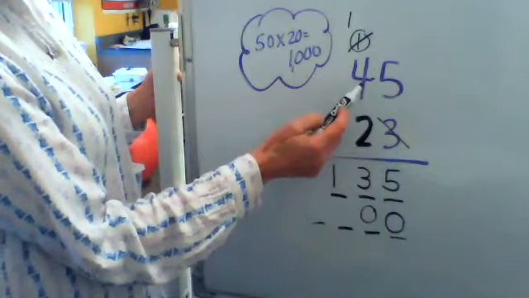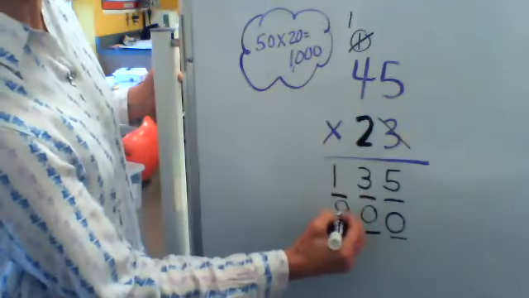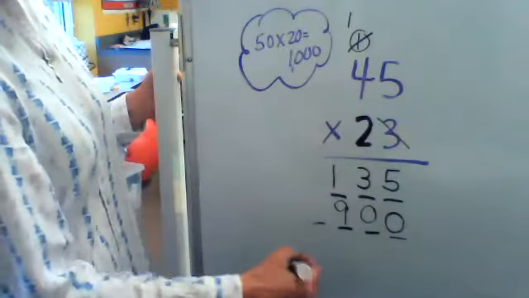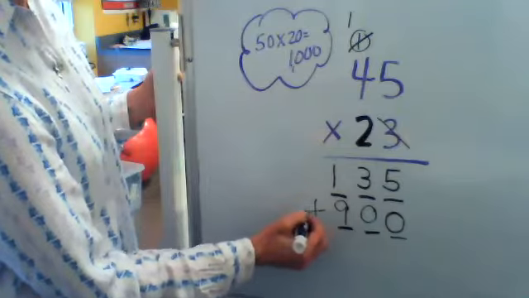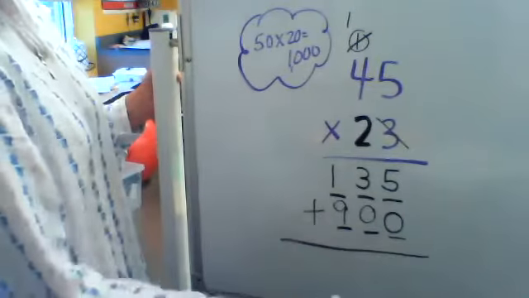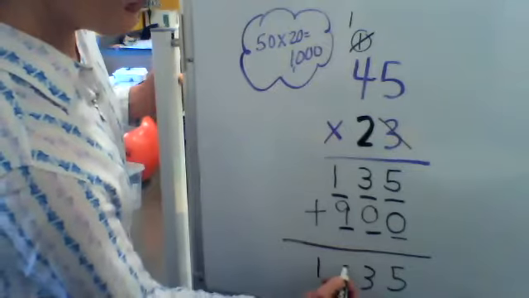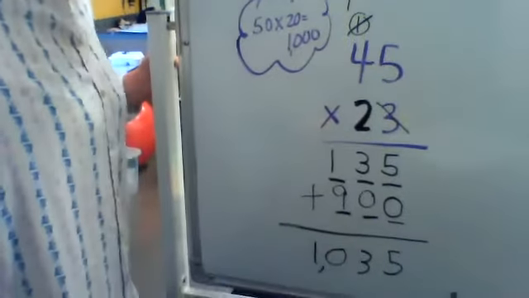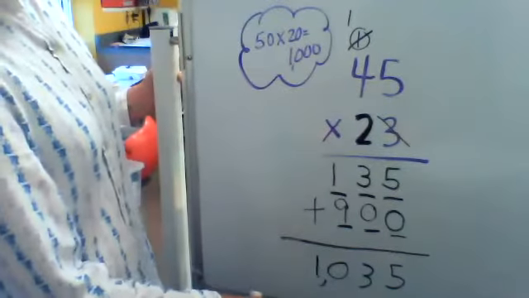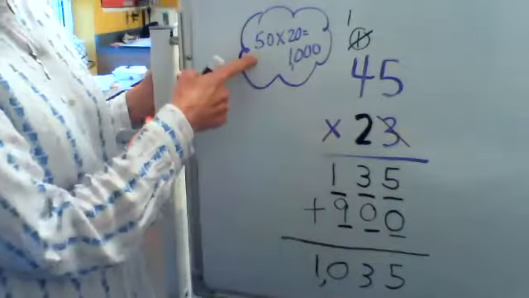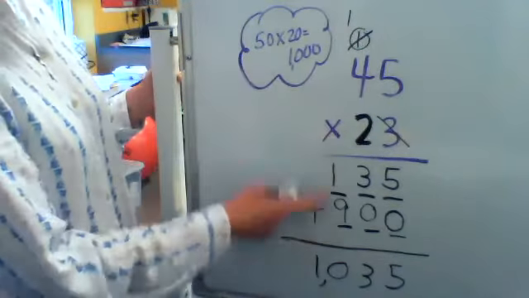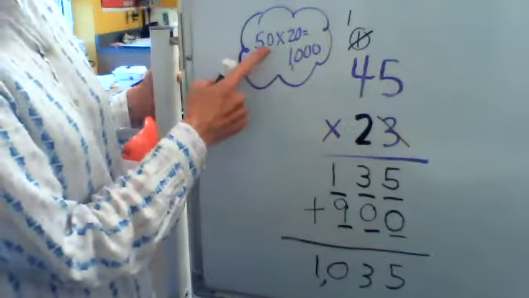And then 2 times 4 is 8, plus one more is 9. And I'm finished with that. I add together my 2 partial products, 135 and 900. So I ended up with 1,035, which is very close to my estimation. So I'm feeling pretty good about that.